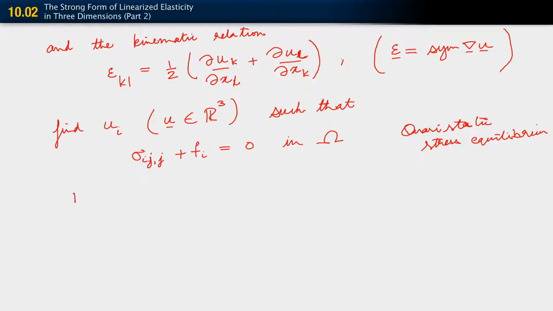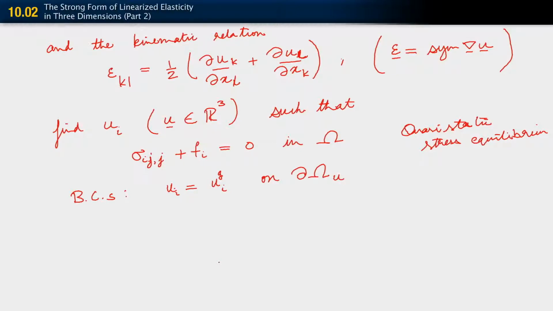Boundary conditions. ui equals u given sub i on the Dirichlet boundary. But here comes the rub. We have a vector problem, right?